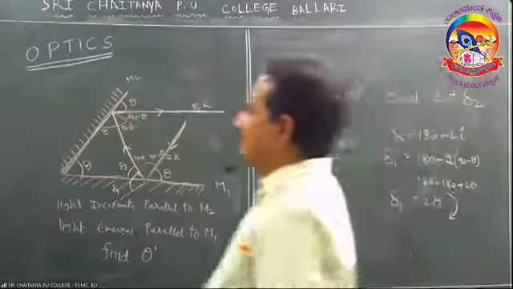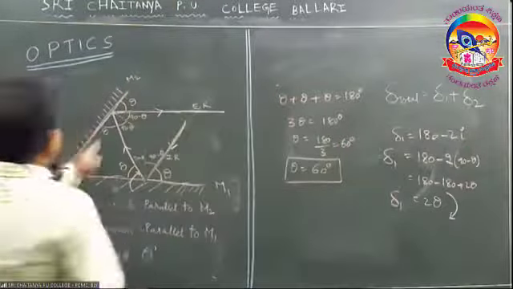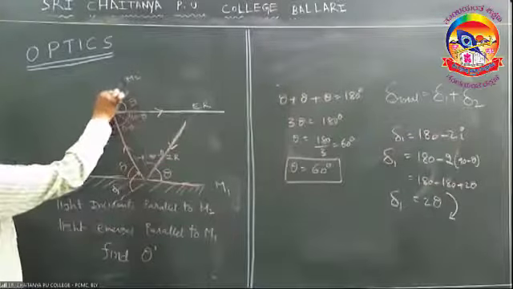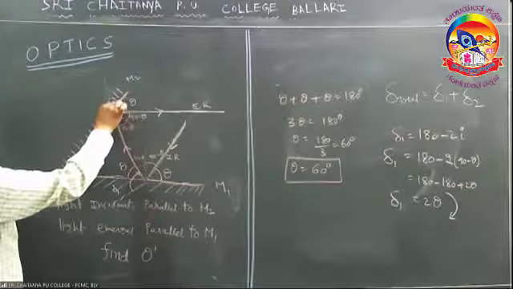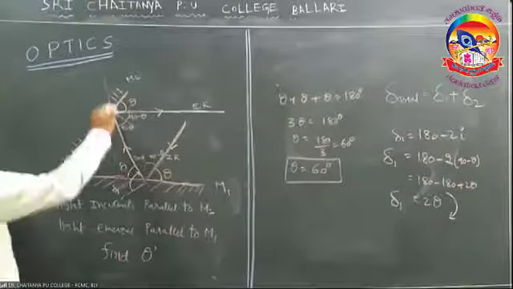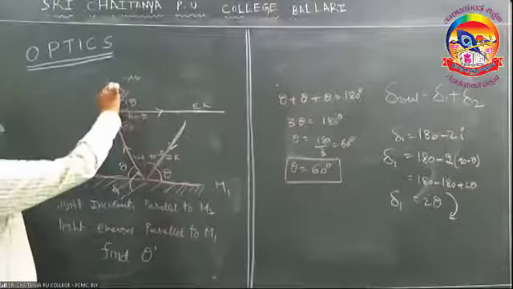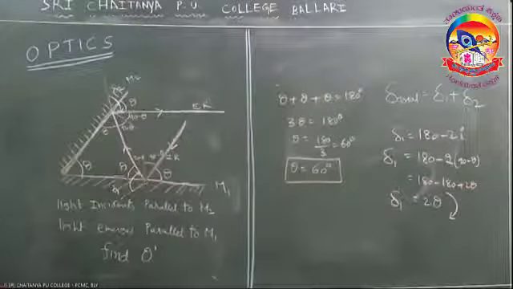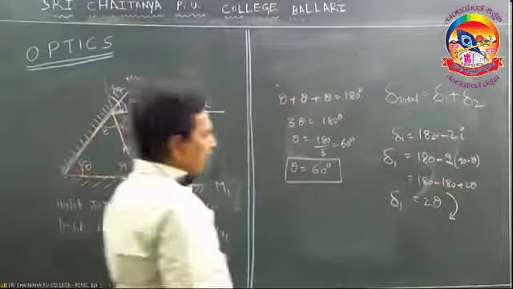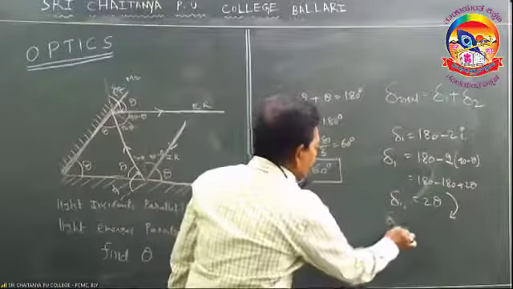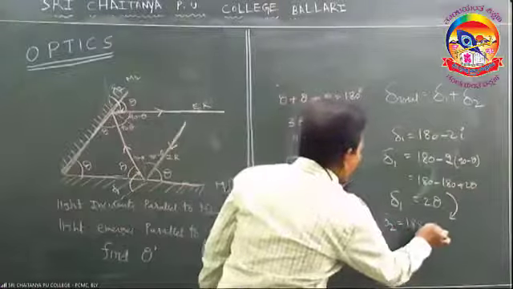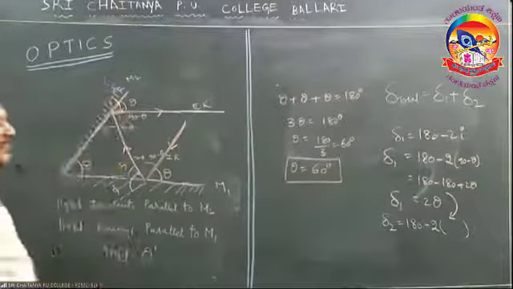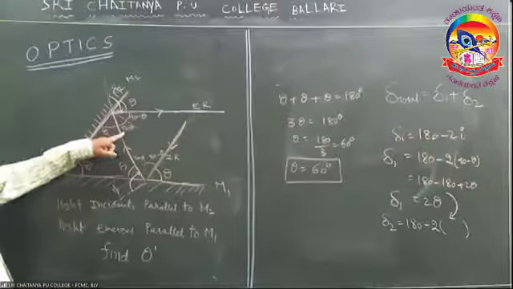Now we will go to our second mirror. Here, this is the actual path. I want the deviation, delta 2. So delta 2 is equal to 180 minus 2 into I value. What is the angle of incidence?